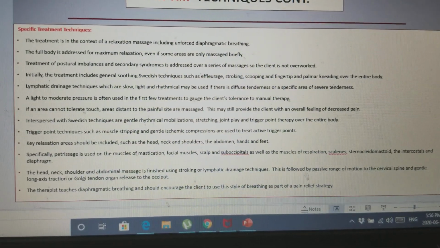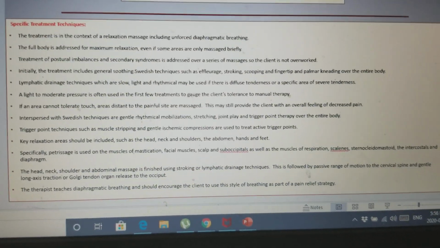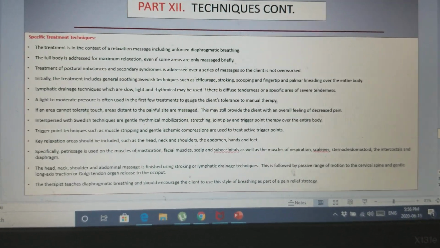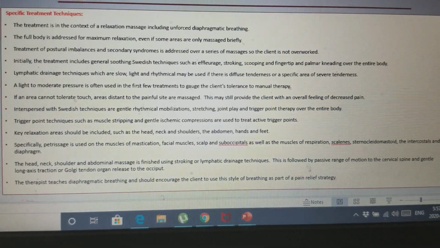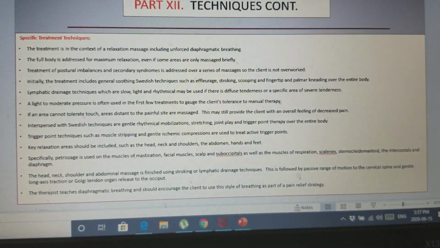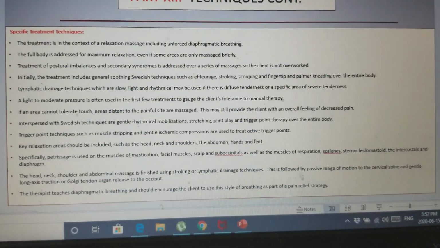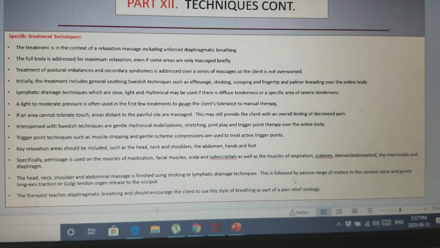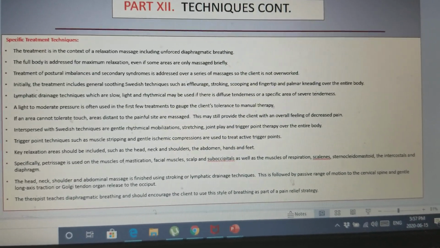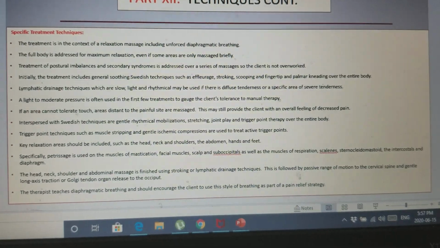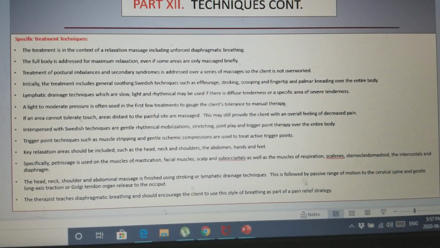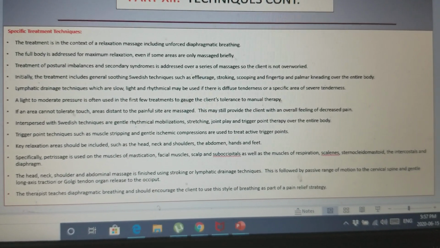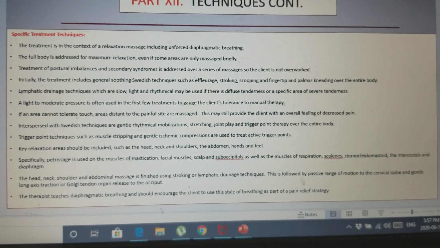I have here additional techniques that you can use. Like I said, guys, there are other techniques that you can use if you're a practitioner to treat fibromyalgia conditions. So this is just an example of those techniques.